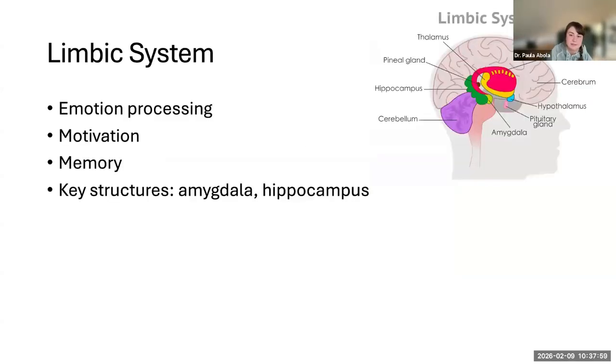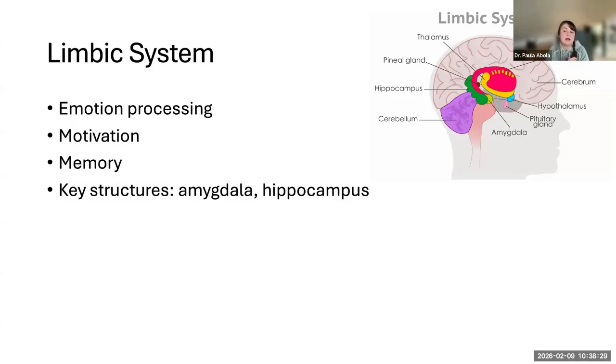And coming to the limbic system. The limbic system is a network of interconnected brain structures that plays a central role in linking emotion and memory. Rather than being a single anatomical structure, the limbic system, as the name implies, includes several key regions, such as the amygdala, hippocampus, cingulate cortex, and parts of the hypothalamus.